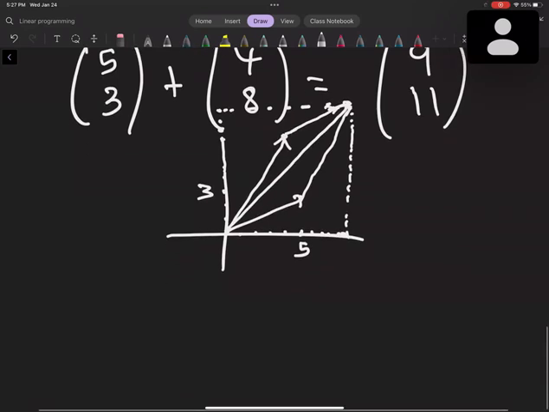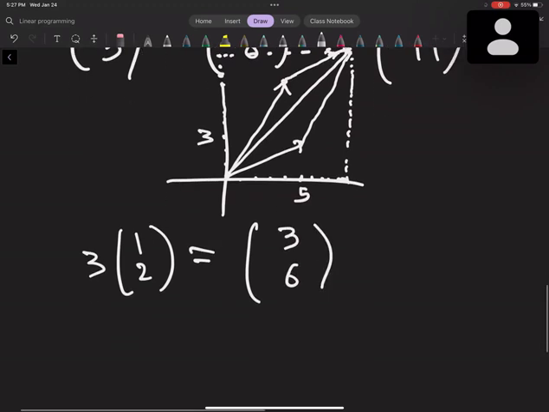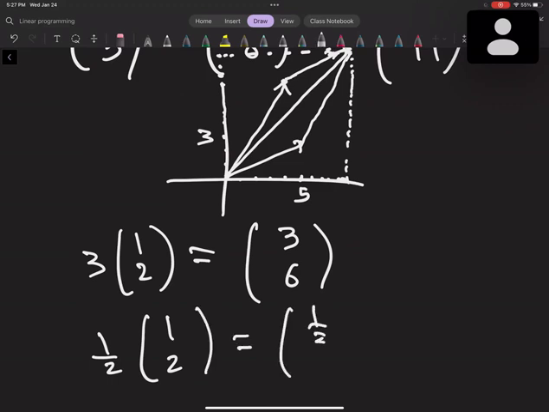Okay. And the other property is that you can make vectors longer or shorter. So for example, if I have 1, 2 and multiply times 3, this is 3, 6. And if I wanted to make it smaller, 1/2 of 1, 2 is 1/2, 1.